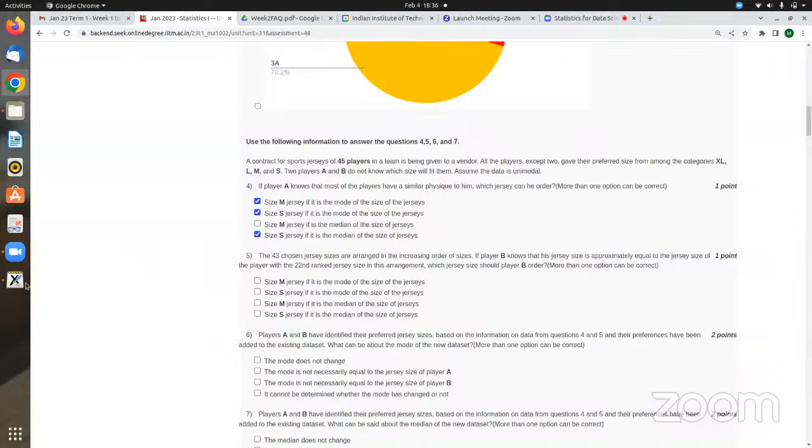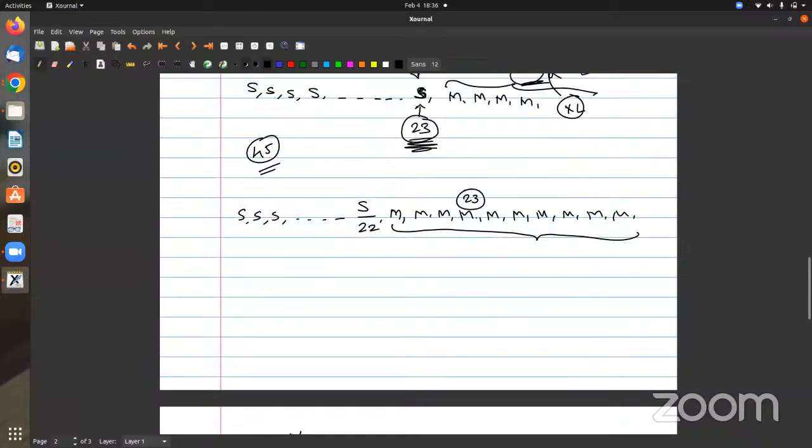But again, there is one problem here. Do we know that all the remaining 23 players will wear only medium size jerseys, not large and not XL? In this case, am I sure about it?